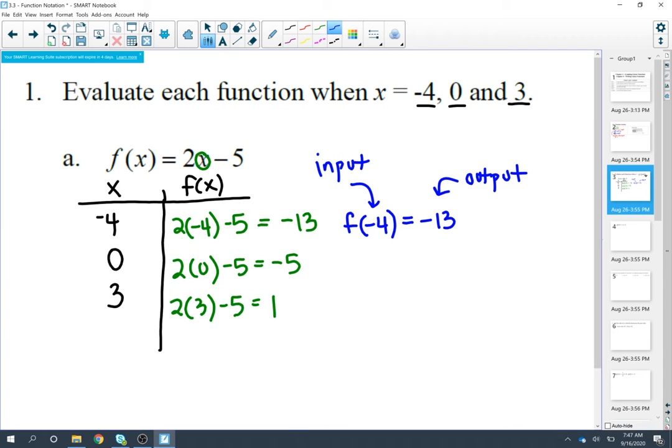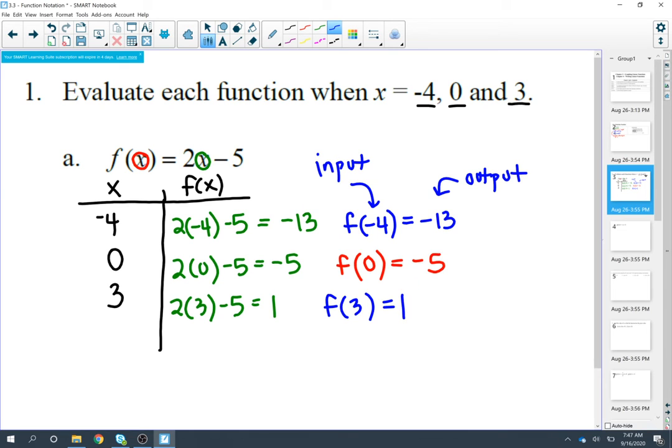This is my range. Okay, if I do that to the next one, I had f of 0. I substituted 0 in for x. Another way to think about that is right there. I substituted 0 in for x, and my output was -5. Last but not least, f of 3, and we got 1.